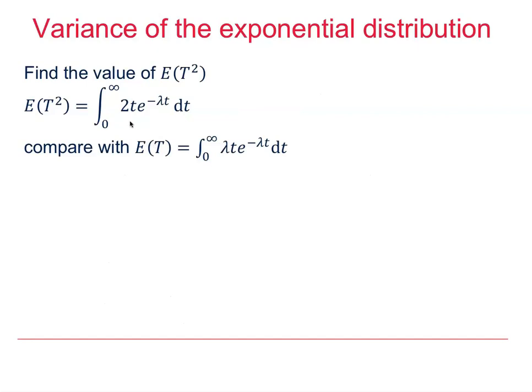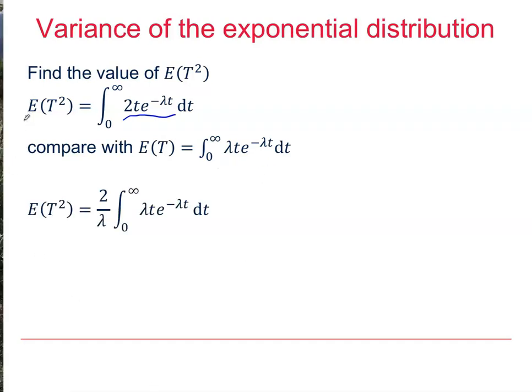If we take a look at this integral that we require to find the expected value of t squared, we can notice that the shape of it is very similar to the integral that we already did to find the expected value of t, and in fact that the expected value of t squared will be a simple multiple of the expected value of t.